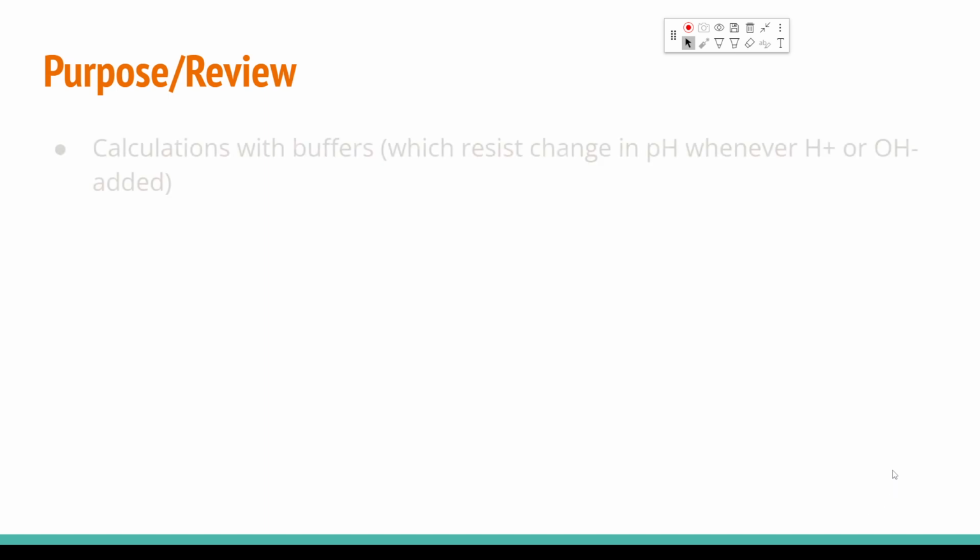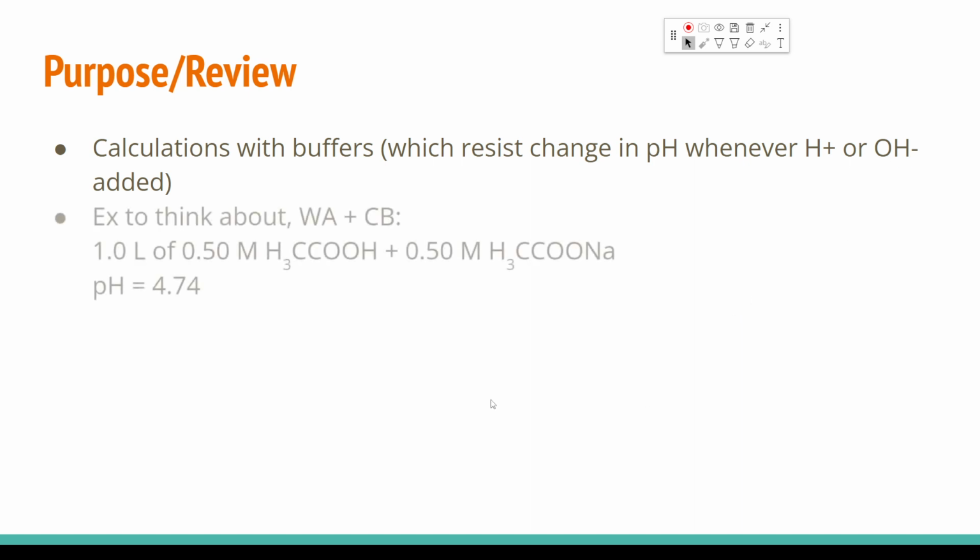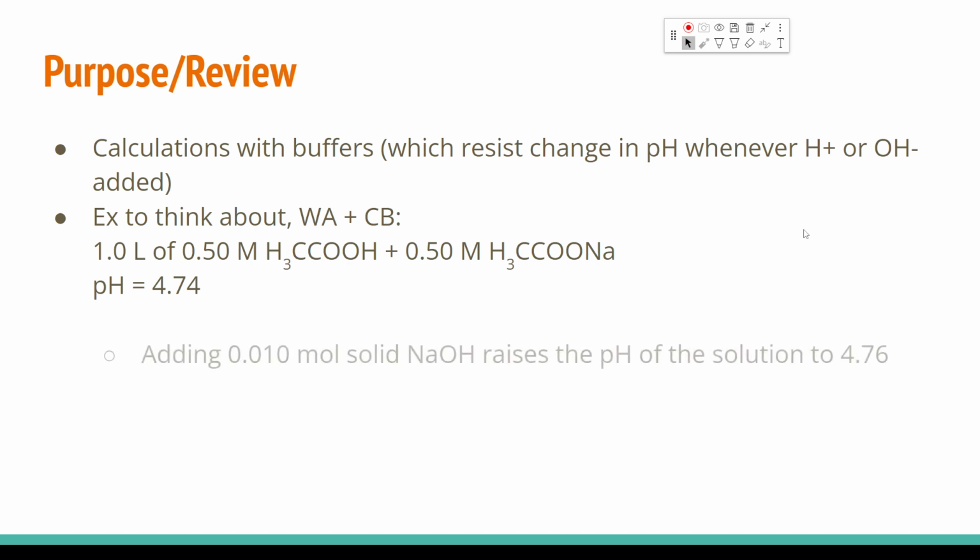As a reminder, the purpose of buffer calculations is to resist pH change whenever you're adding something to the system, so H plus or OH minus, for example, is added to the system. Here's an example. If I have acetic acid and its conjugate base, I have a pH of 4.74. Now, if I add some sodium hydroxide to that, notice the pH changed from 4.74 to 4.76.